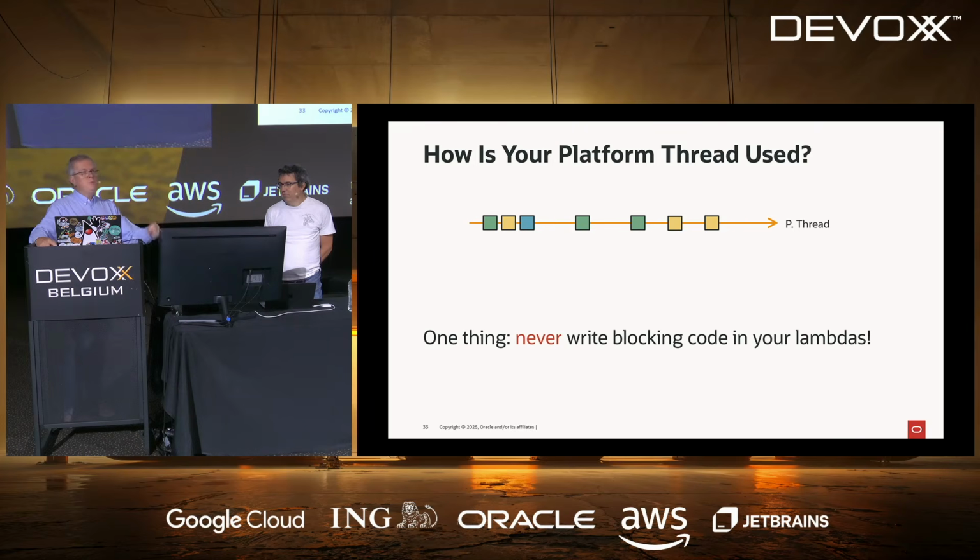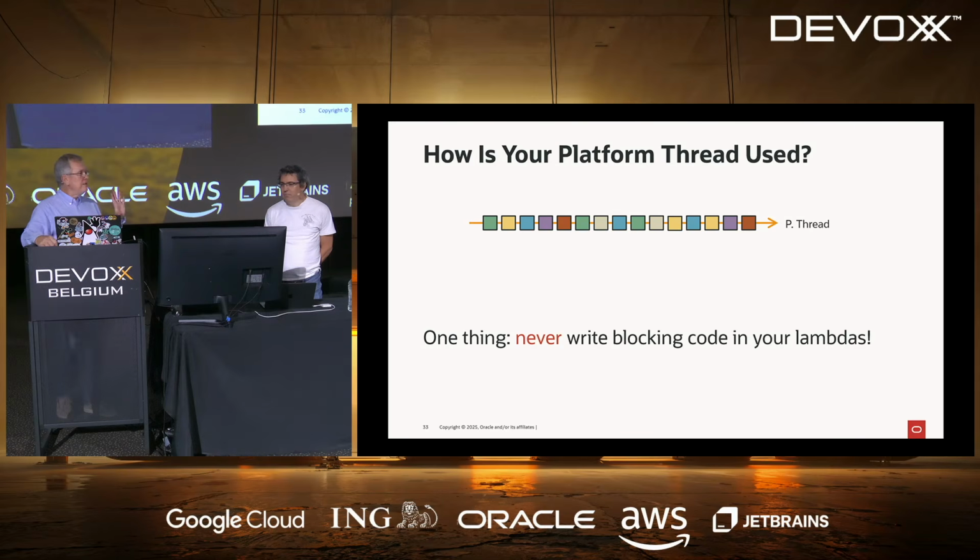And of course, you can have another request from totally another part of your application that is going to be executed, that will wait for its data. Its data is going to arrive from somewhere, the network probably, and then yet another one, and another one, and another one, until the platform thread is actually busy 100% of the time.